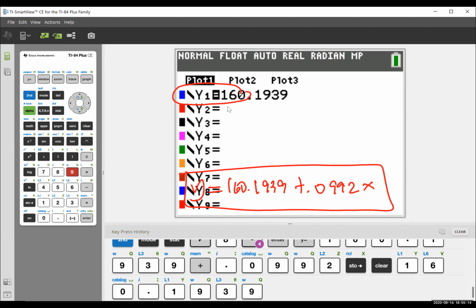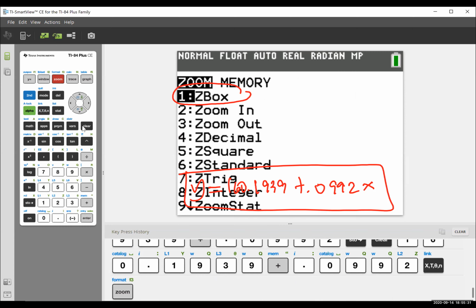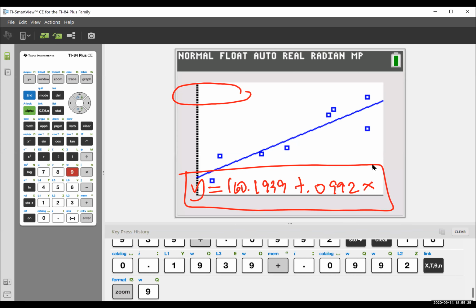X is this one. On the top left, you see alpha. Next to alpha is the x. Okay? After you type the equation here, so again, zoom 9, and you will see the graph.